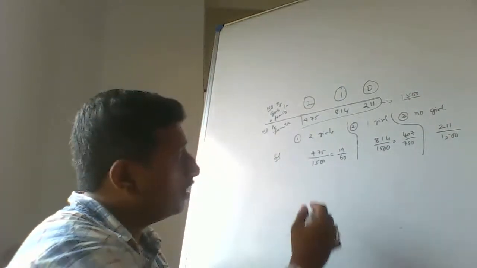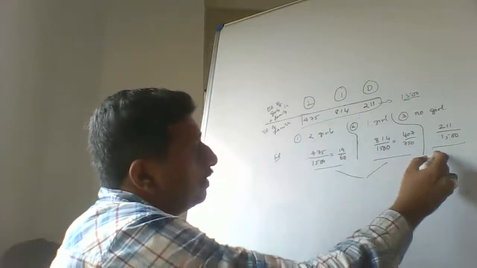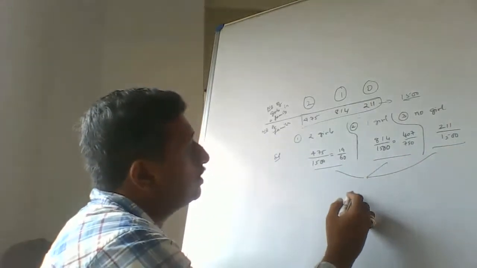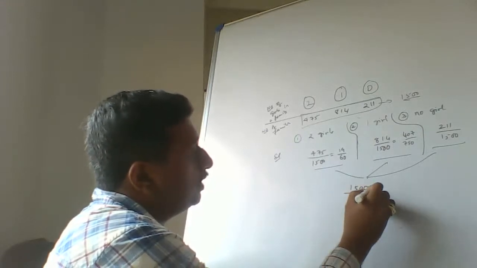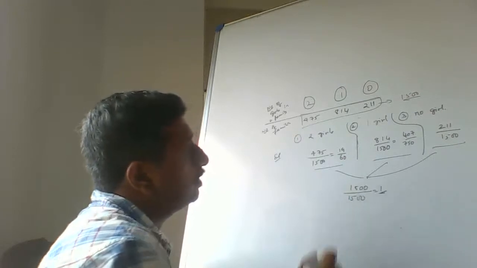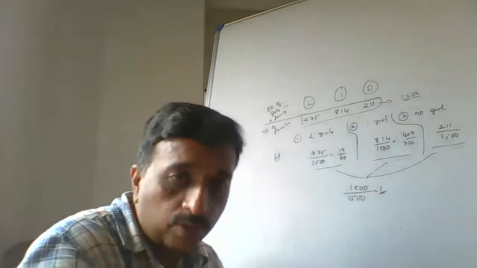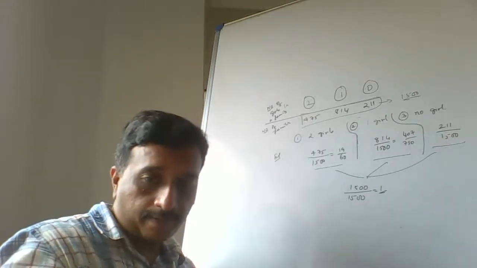When you add these results, it should be 1500 divided by 1500, which is 1. Hence we have proved that the sum of all these probabilities is 1.